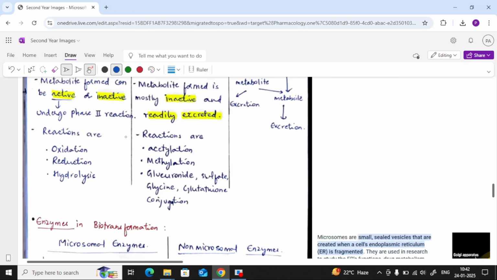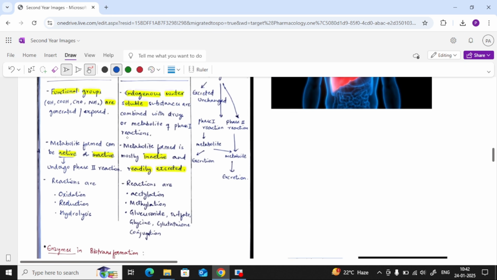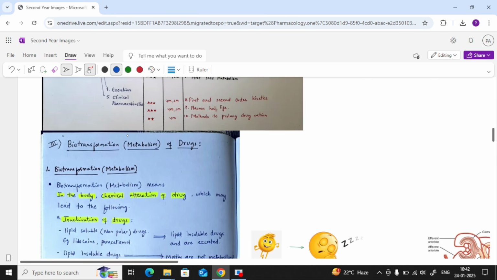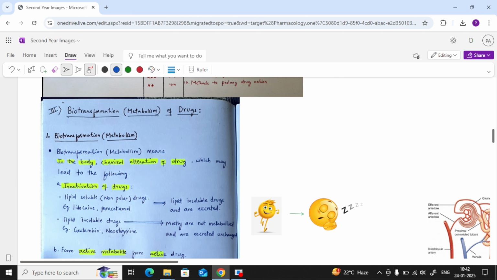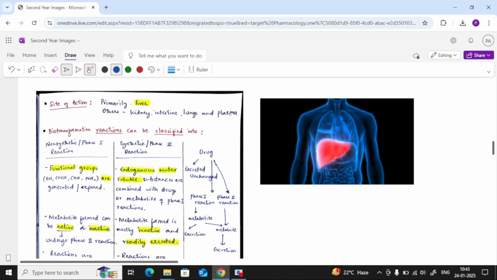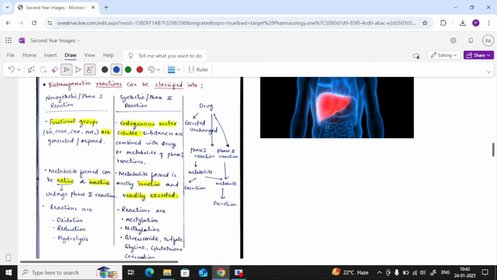Before moving on to the next question, let's quickly summarize biotransformation. The main purpose of biotransformation is inactivation of the drug. It happens mainly in the liver. The reactions are non-synthetic and synthetic. In non-synthetic reactions, the drug can still be active and needs to undergo a phase 2 reaction; after phase 2 it is inactive.